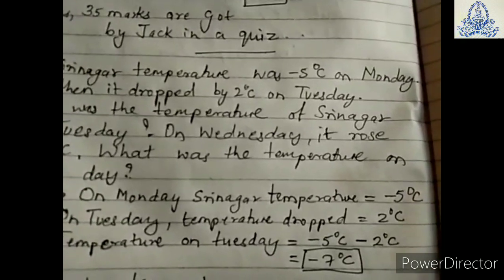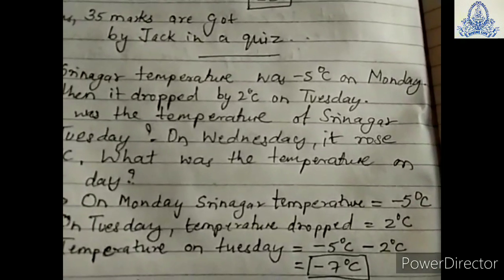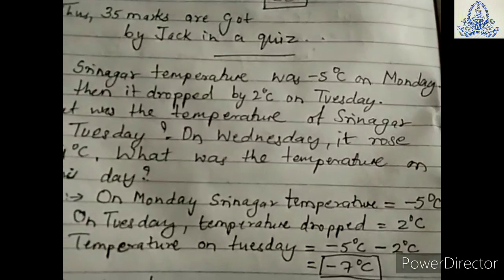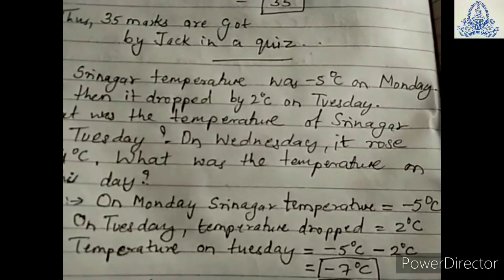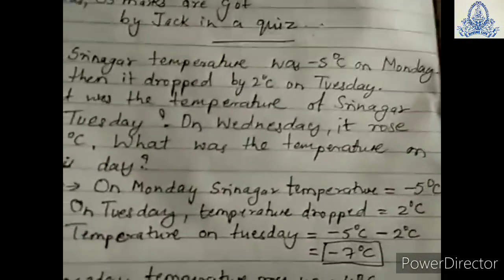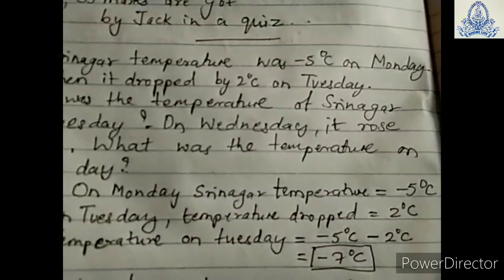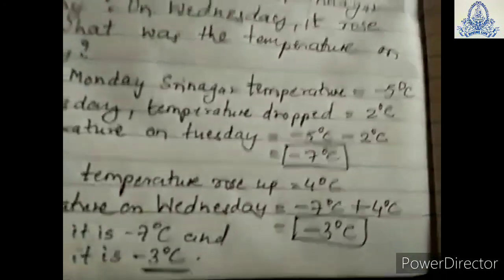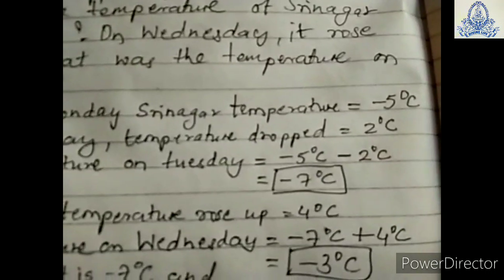So the temperature on Tuesday in Srinagar will be minus 7 degrees Celsius. The next statement says that on Wednesday the temperature rose by 4 degrees Celsius. That means minus 7 degrees Celsius plus 4 degrees Celsius, we get minus 3 degrees Celsius.